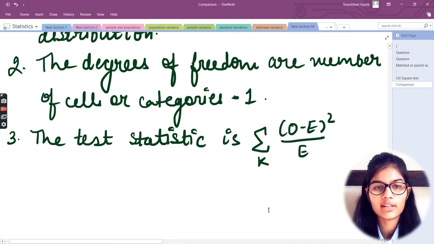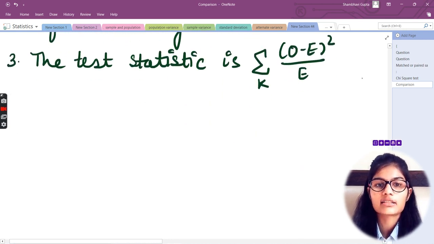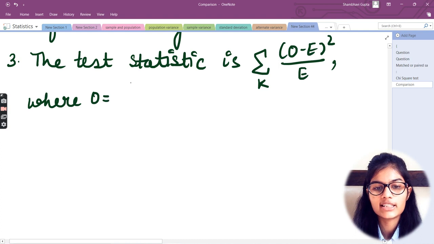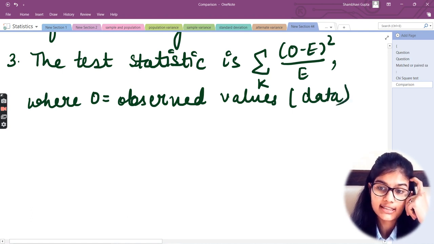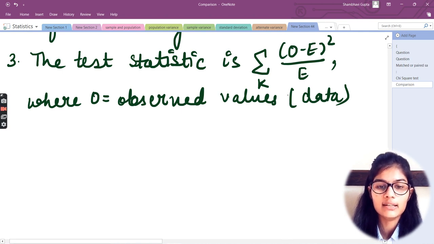This is what we had as the test statistic. Putting a comma, we write where O is equal to the observed values, into the brackets we put the data. So this is where O is equal to observed values and the data.